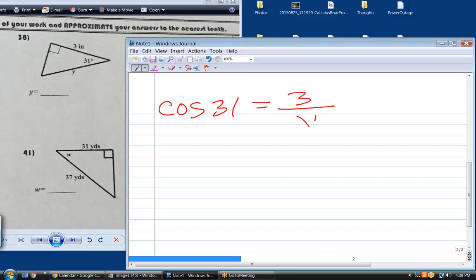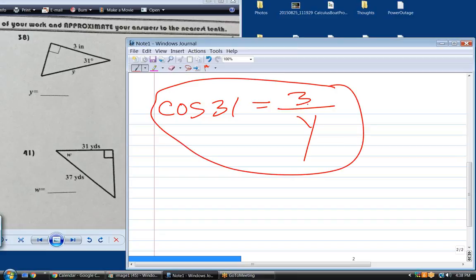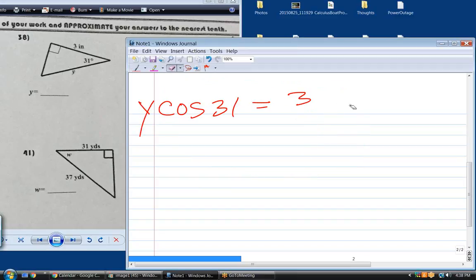In other words, an equation has to have an equal sign in it. Okay. And now how do you solve that? You multiply both sides by y. Okay. Then it's 3 divided by cosine 31 equals y.